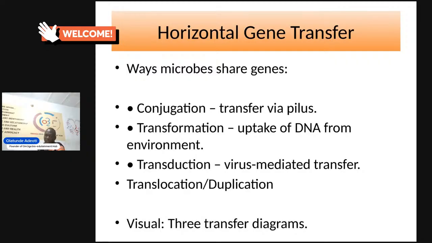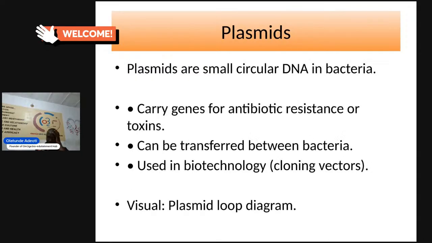It could be transformation, that is the uptake of DNA from the environment when a microorganism has died but the DNA still remains, and it can transform another microorganism. Then transduction, that is virus-mediated transfer. Another one is translocation, or what you can call duplication. We are going to see all this as we go on.